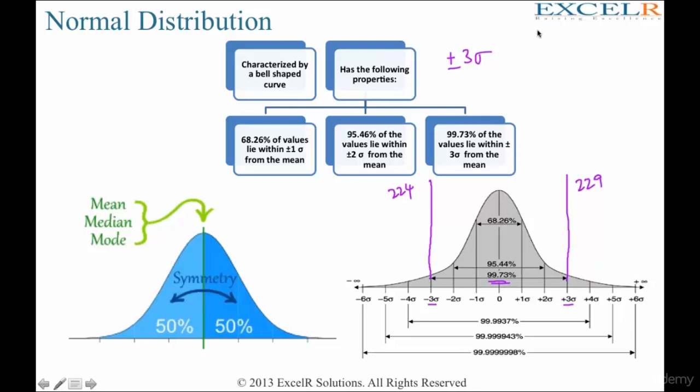Out of 100 cricket balls manufactured, roughly 99.73 would meet your specification limits. The rest, 0.27, would fall beyond your specification limits. Those are defectives. Those will not be considered.